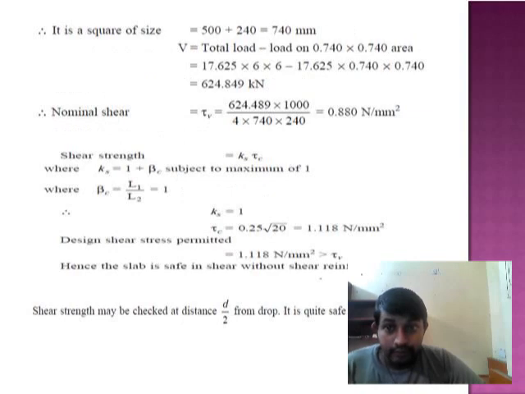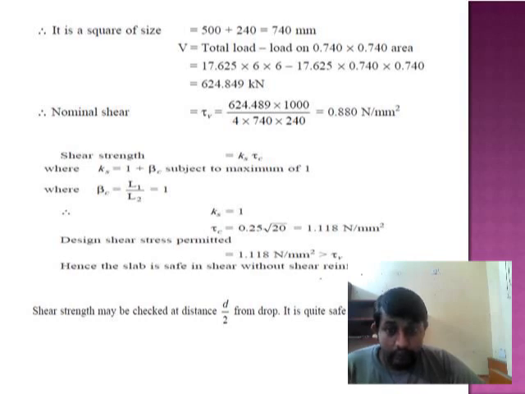So total load is 17.625 into 6 into 6 minus 17.625 into 0.740 into 0.740, which is nothing but 624.849 kilonewton. Therefore nominal shear is tau v equal to V by bd, 624.849 into 1000 by 4 into 740 into 240, which is nothing but 0.880 Newton per mm square.